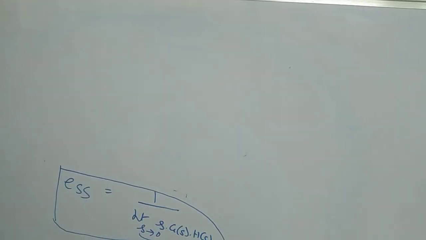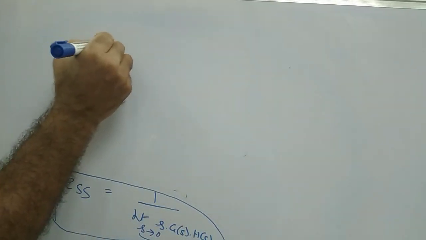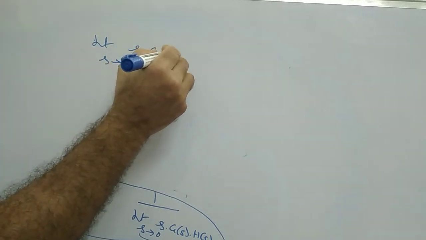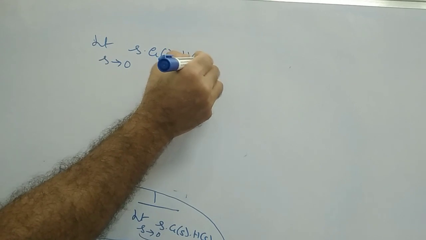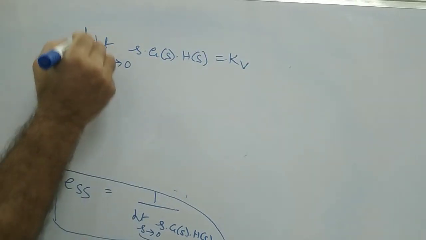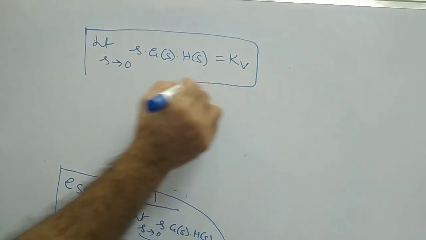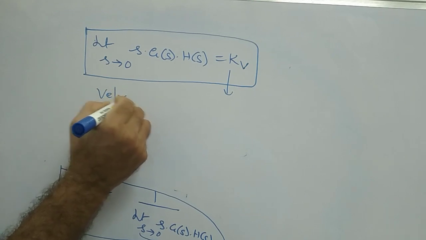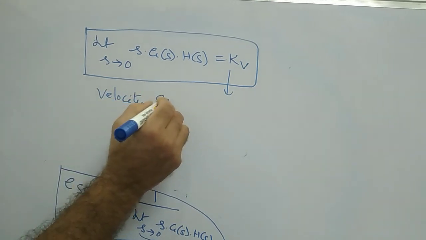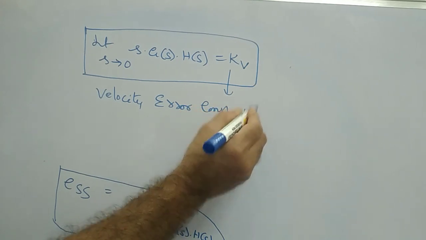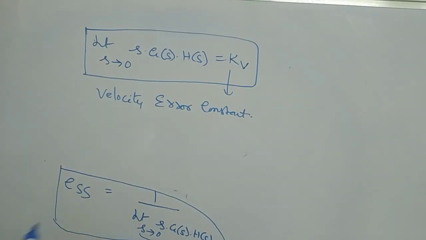So here limit s tends to 0 of s into G of s into H of s, this is called your Kv. Remember that. What is Kv? Kv is nothing but the velocity error constant. Velocity error constant.